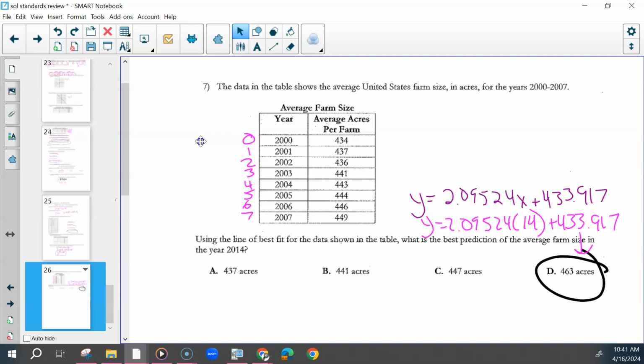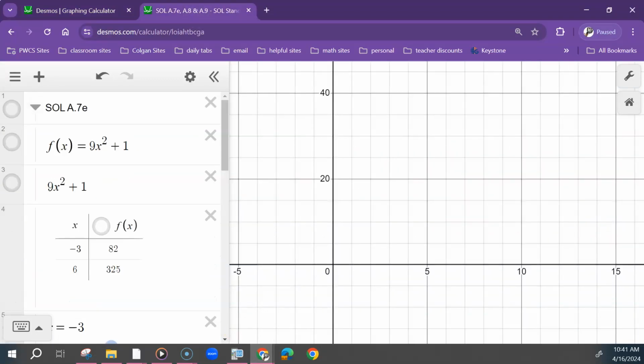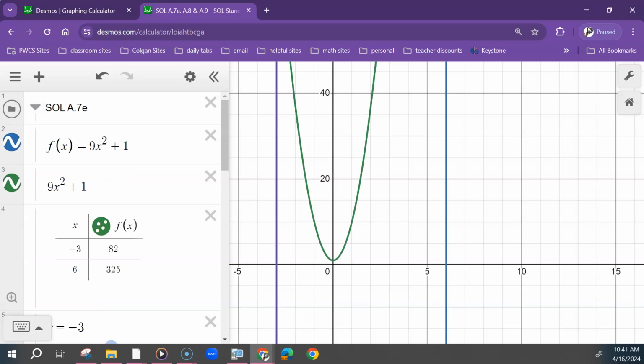Alright, really quickly, I'm going to show some of these in Desmos. 7 I put in as the function and then put it in as a table and just found those two y values like that.